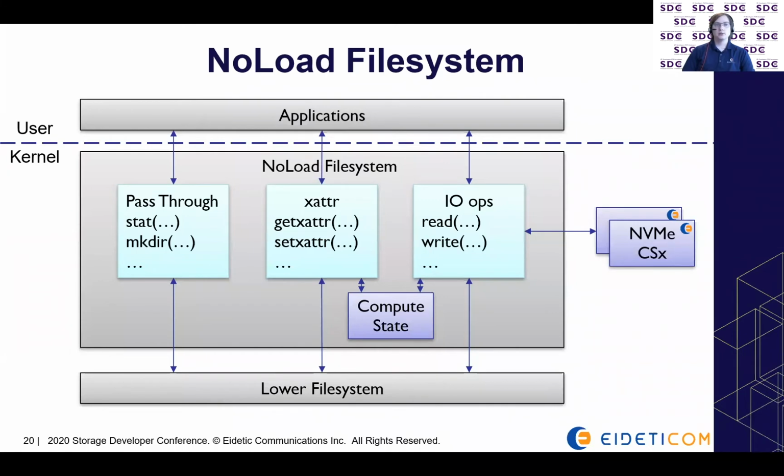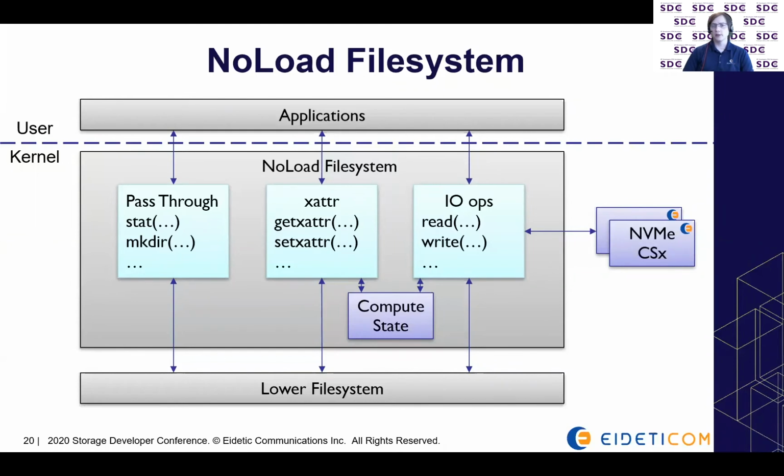In order to keep NoLoadFS simple and high performance, we keep as many of the function calls as possible direct pass-through to the lower file system. Things like directory management, file status, and the like are simply passed directly to the lower file system and read as if you were in that.